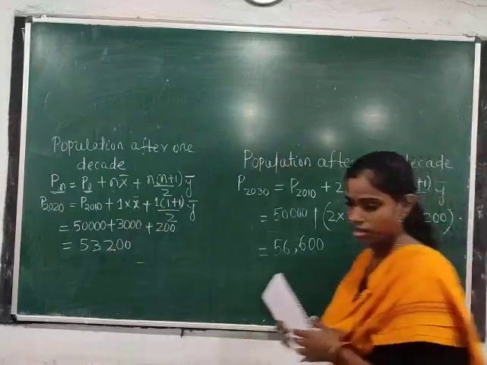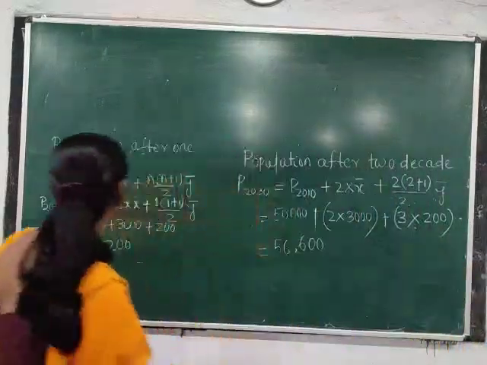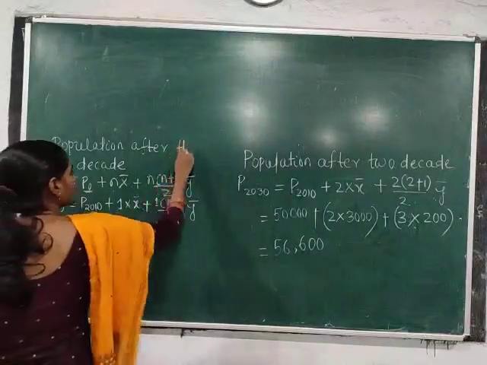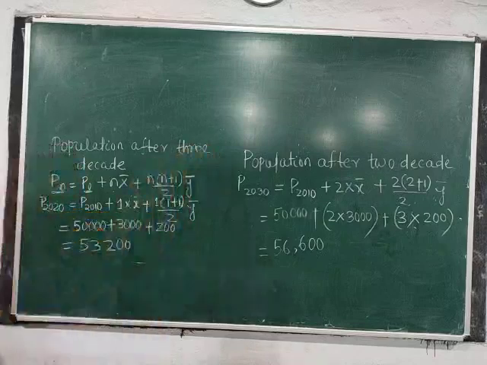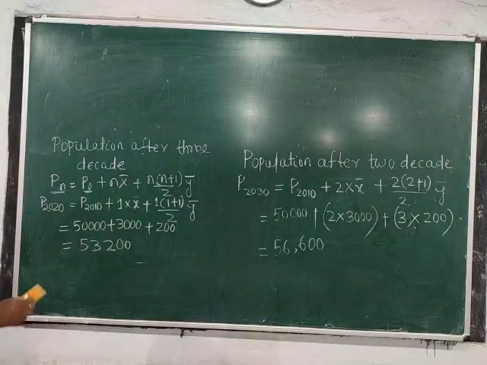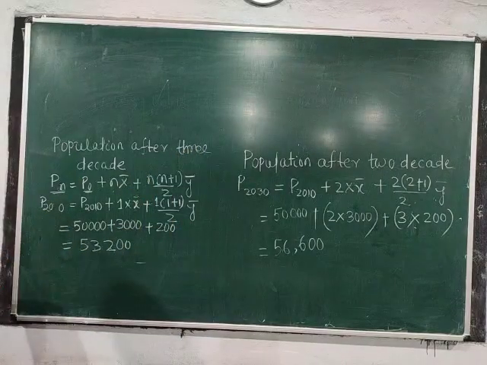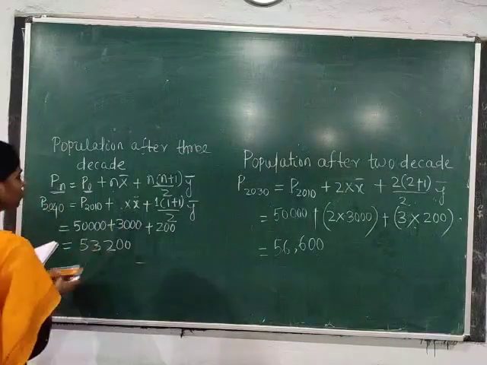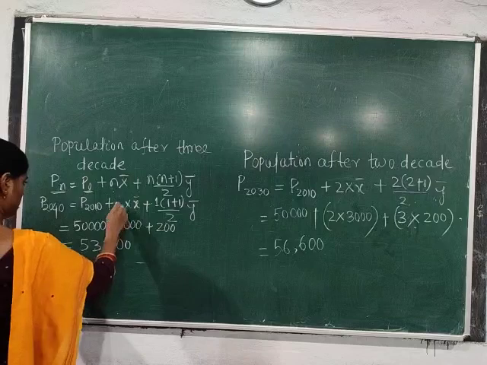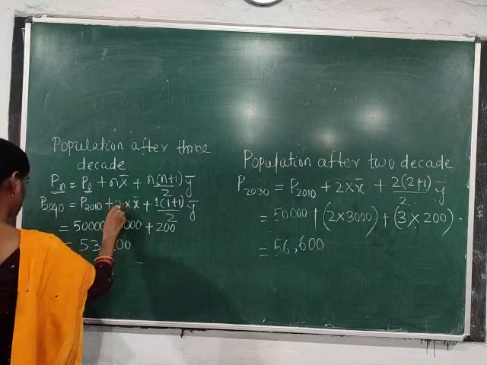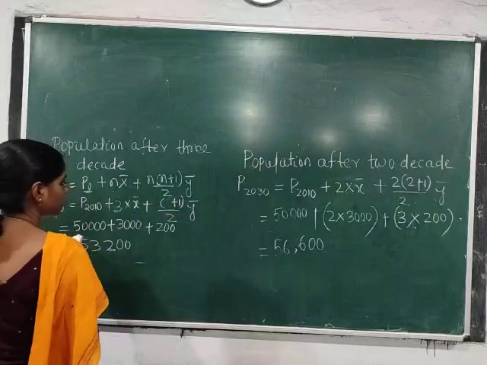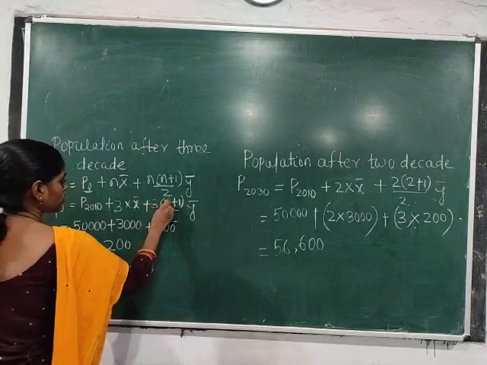So, in the same manner we can also calculate the population after 3 decades. Three decades means it will become 2040. In place of n we will put 3.